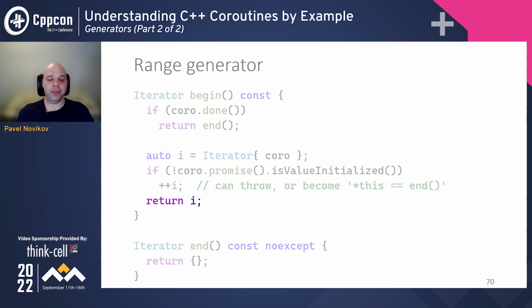And so in the begin, after doing the check and increment, in case we need to, we return the instance of the iterator. The end function is very simple.